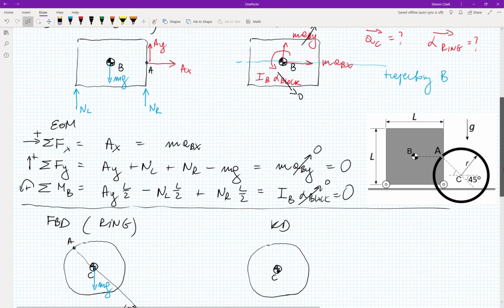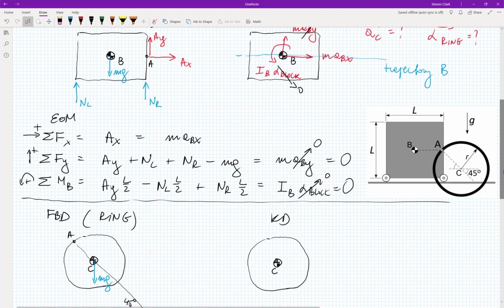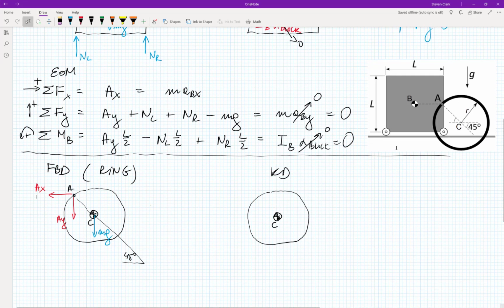Since on our previous FBD, AX and AY have these directions, on the other FBD I must just flip their directions, right? So our AY will be pointing this way, and AX will be pointing this way. I think there are no other forces acting on that body.